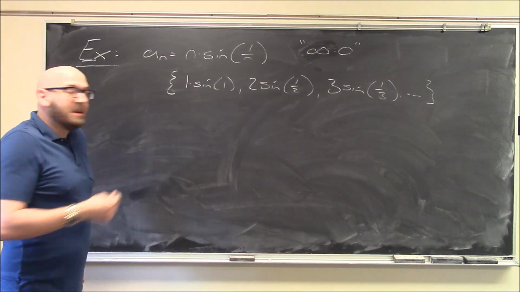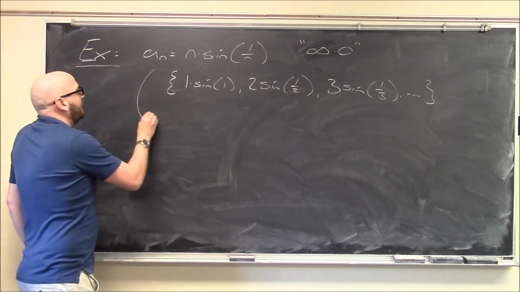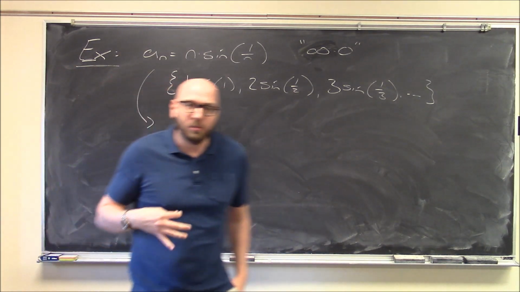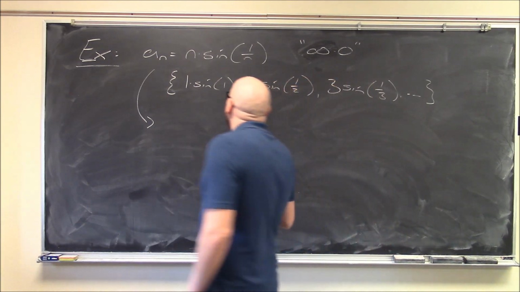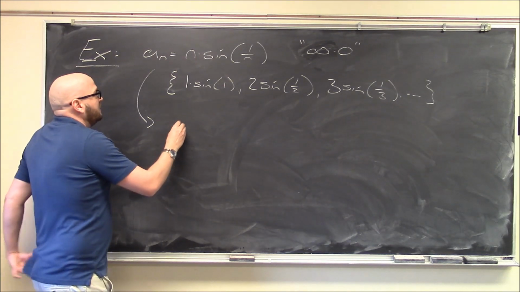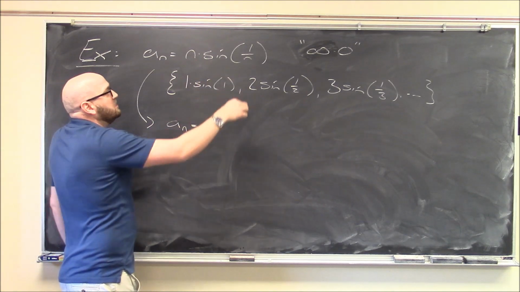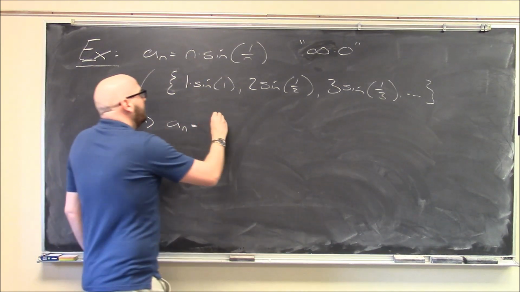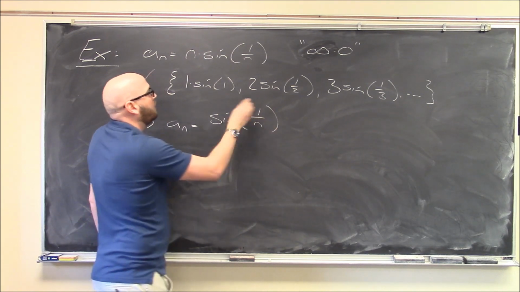But that's okay, because we have L'Hopital's that comes to the rescue here. So you have to remember how L'Hopital's works for all of our different indeterminate forms. For 0 times infinity or infinity times 0, there's a trick we always use, which is rewrite this function as one function divided by 1 over the other one. Usually you keep the more complicated stuff up top, so sine of 1 over n.